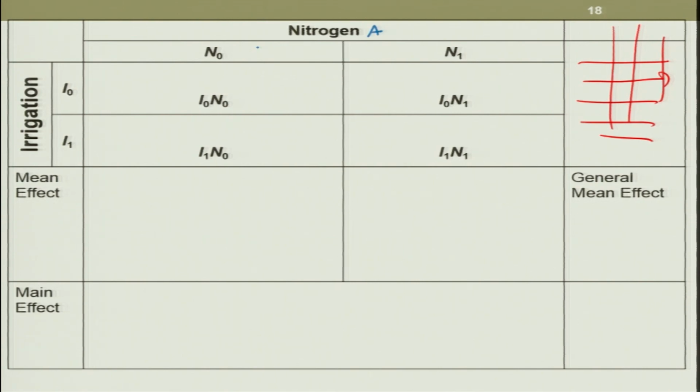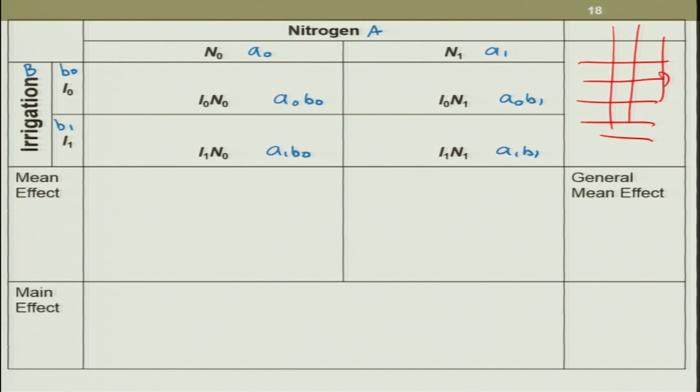This is my factor A, this is my level A0, this is A1, this is my factor B irrigation, this is my level B0, this is B1, and this I can denote by A0 B0, this is A0 B1, this is A1 B0, and this is A1 B1. And whatever I have done up to now in the earlier 2 slides, I will try to do it here.